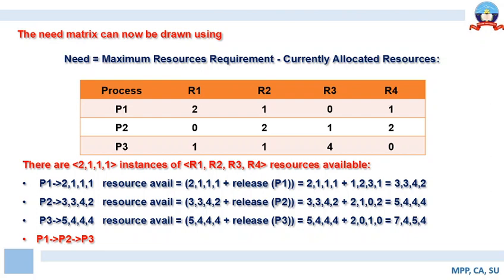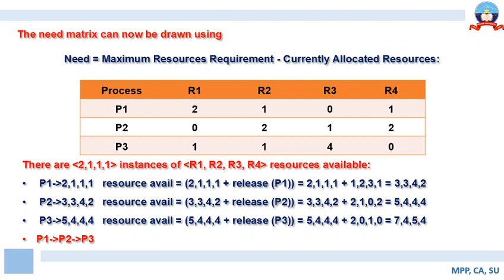Likewise P3 requires 1 1 4 0, so 1 1 4 0 can also be satisfied within 3 3 4 2. So you can select either P2 or P3 in order to proceed with the allocation sequence.